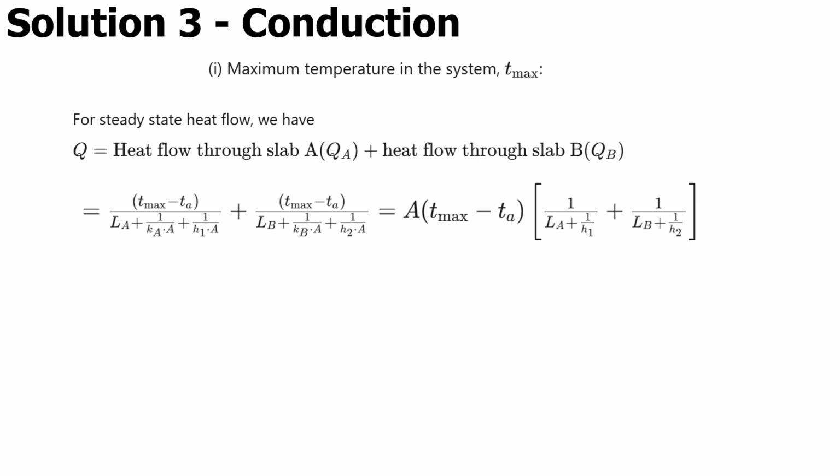The resistance for slab A includes its conduction resistance LA over Ka, and the convective resistance 1 over H1 times A. Similarly, slab B, its resistance includes LB over KB and 1 over H2 times A. We can simplify this by factoring out the area A and the temperature difference, Tmax minus TA. Please note that the formula on the slide has a slight simplification where the area A is already incorporated into the resistance terms, effectively representing resistances per unit area.